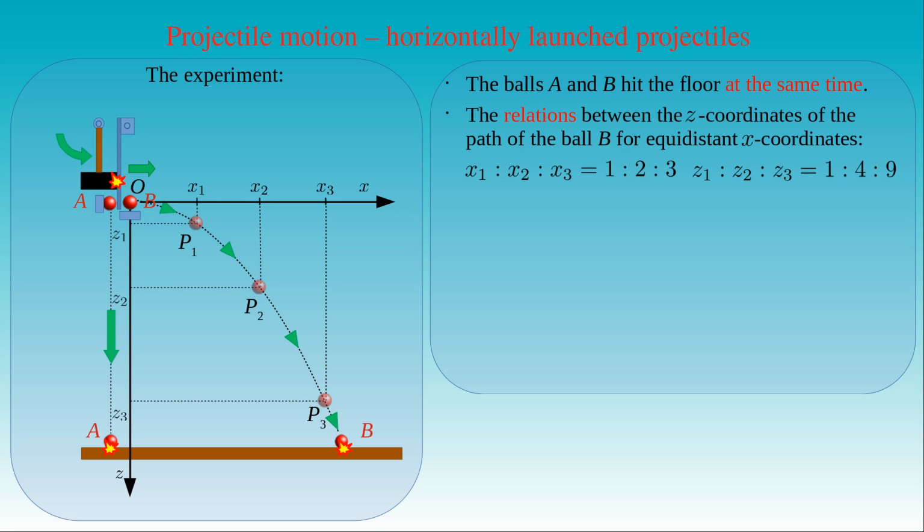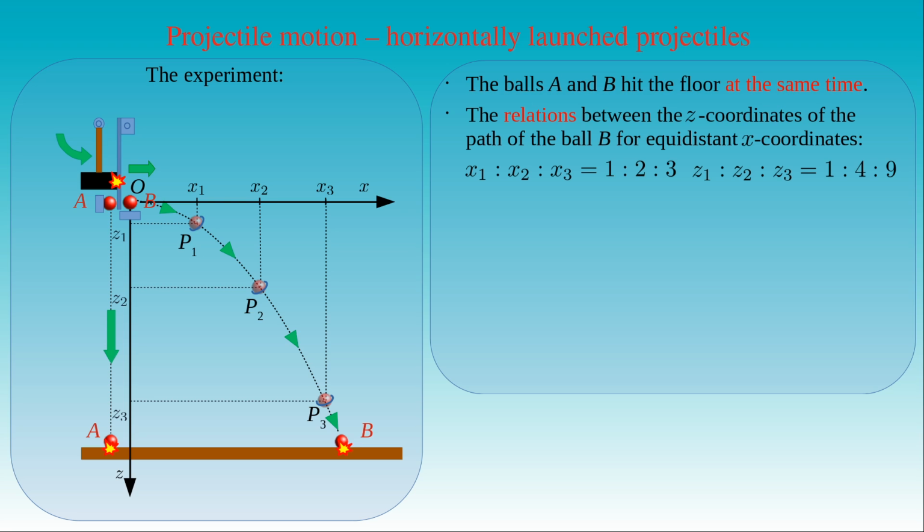We can perform this measurement by mounting rings in the positions p1, p2, and p3 on a wall parallel with the xz plane. If the planes of the rings are perpendicular to the direction of the motion of the ball B in the corresponding points, then the projectile can pass through the rings in each point. This result demonstrates that the ratios stated above hold between the vertical and the horizontal coordinates of the trajectory of the projectile.